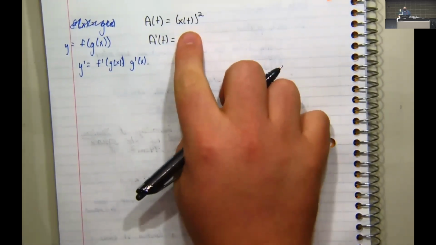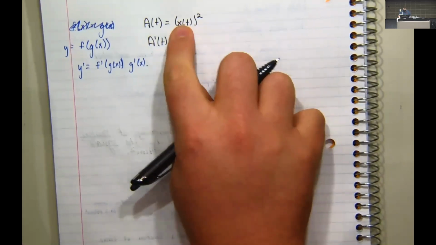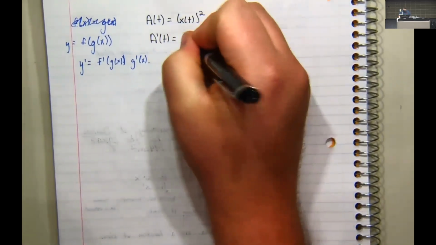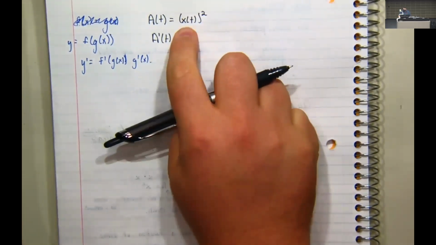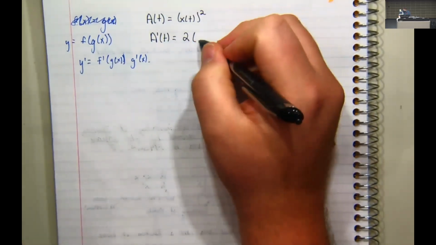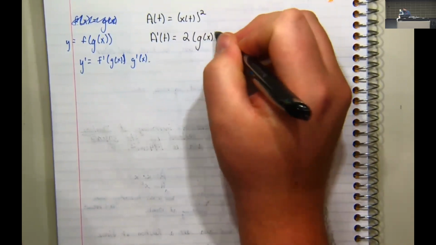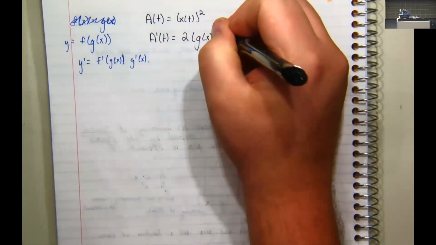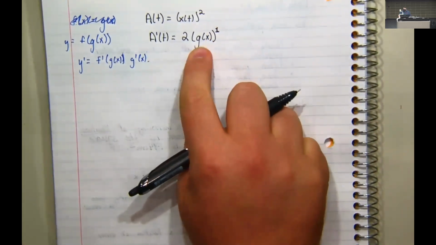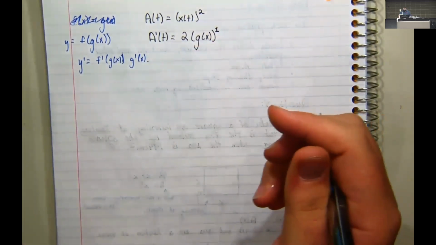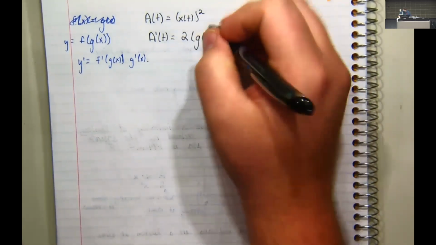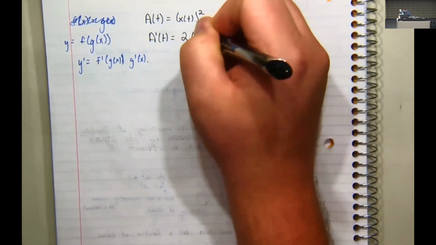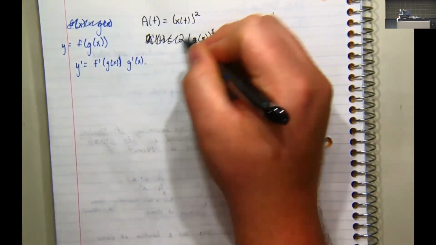Okay, and so the derivative of this is we take the derivative of the outside, so 2, we bring it down, 2 times, we keep the inside the same, g at x, reduce the exponent by 1. So this becomes 1. Okay, this is x. Sorry about that. Let me just rewrite that.